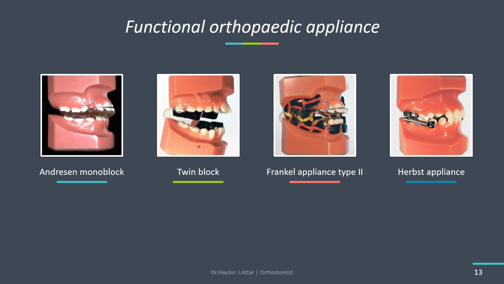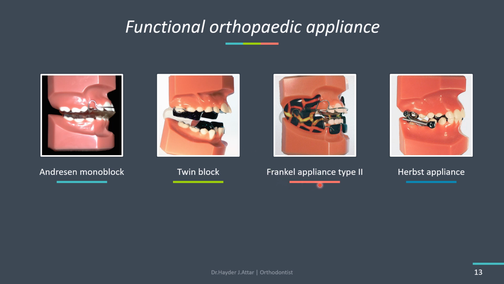In addition, many modifications can be made to the twin block, especially expanders or jack screws can be incorporated into the upper part of the twin block to cause expansion of the maxilla, and the expansion of the maxilla during growth modification facilitates the forward posture of the mandible and easier correction of class 2 skeletal cases.